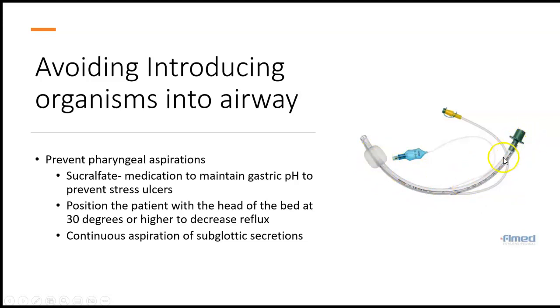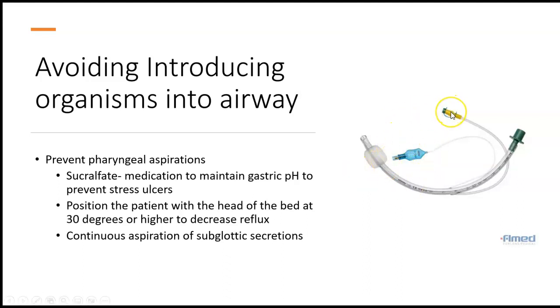Any pharyngeal secretions are going to slide down the outside of this tube and pool right on top of this cuff. So you're going to have this pooling of pharyngeal secretions sitting on top of that cuff. By being able to get down there and actually suction out that puddle of secretions, that's going to help avoid aspirations with your patients.